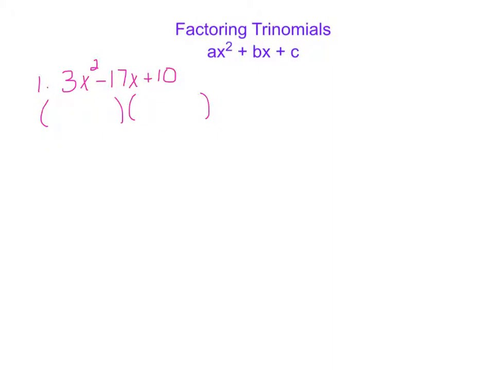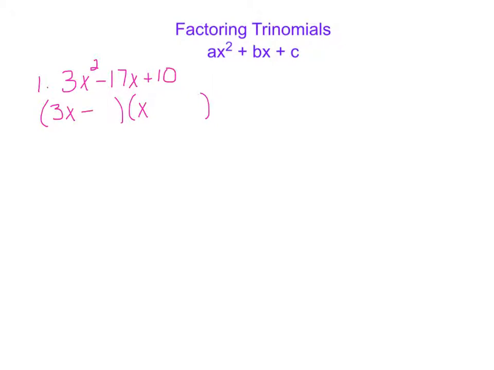Now, 3 is prime, so to factor 3x squared, if I'm going to split that up in my two sets of parentheses, my only option is 3x times 1x. And then I look to see that my 10 is positive. So that tells me I'm looking for the same signs, that when I FOIL, I'm going to get a negative 17.